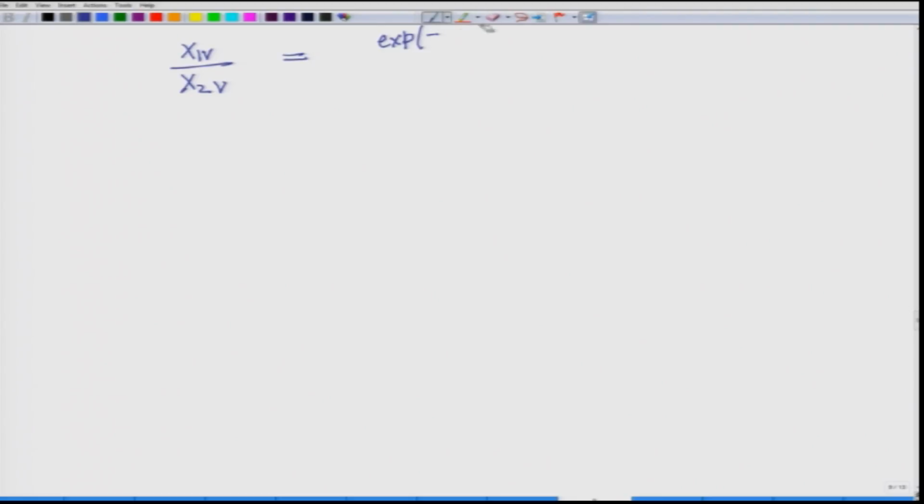There is not enough space, so let me rewrite it. And for x2V we have, again expressing it in terms of the single vacancy formation energy, delta HF 1V plus HB 2V by KBT.